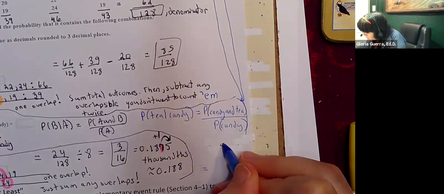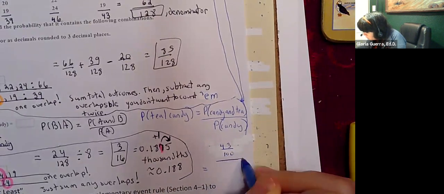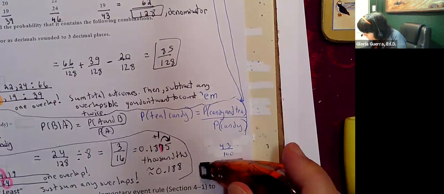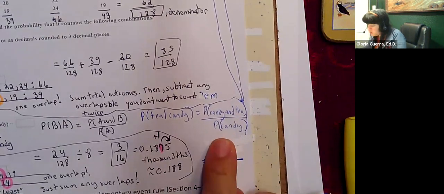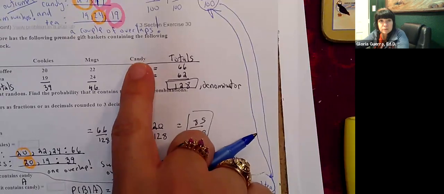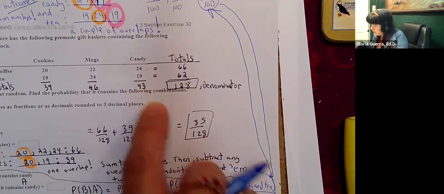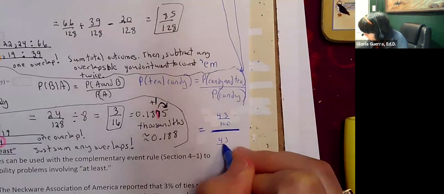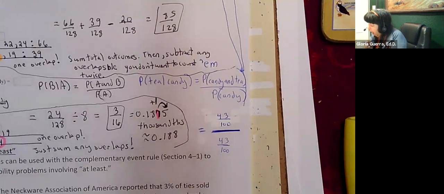So I have 43 over 100 in the numerator, all over the denominator, which is the probability of candy. So candy, that would be 43 out of 100, because that's your denominator.